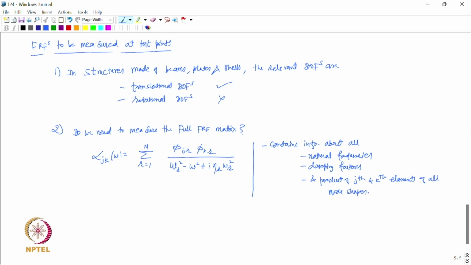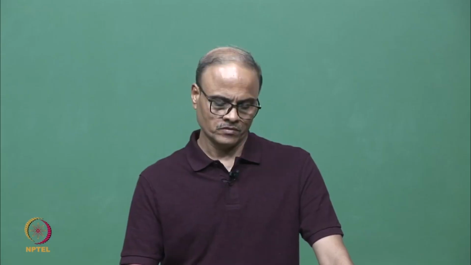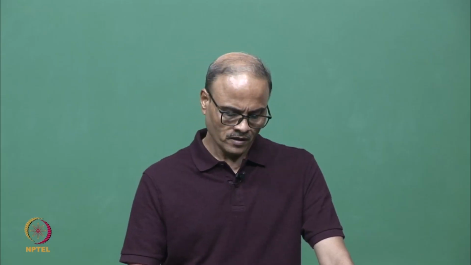Right. And now if we, let us say, measure the FRFs alpha jk such that k varies from 1 up to n, let us say we measure all these FRFs, so these are n FRFs. These FRFs then would contain information about all the elements of all the mode shapes, correct.